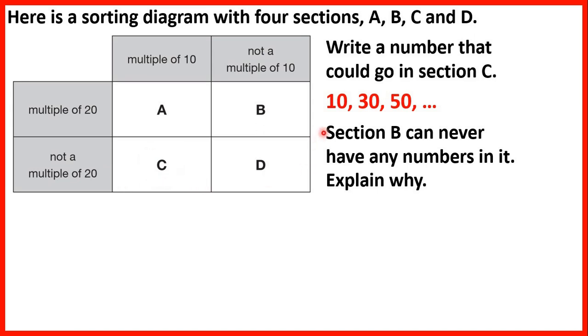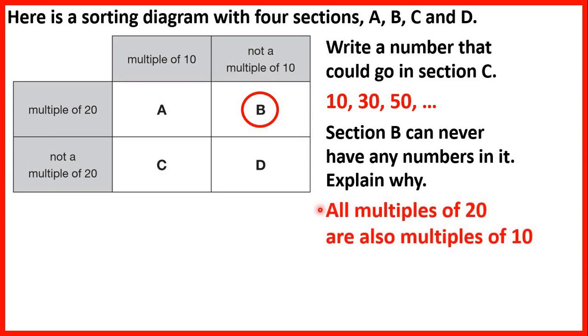Now, section B can never have any numbers in it. Explain why. Well, if we look at section B, we can see that numbers here need to be multiples of 20, but can't be multiples of 10. But all multiples of 20 are also multiples of 10.